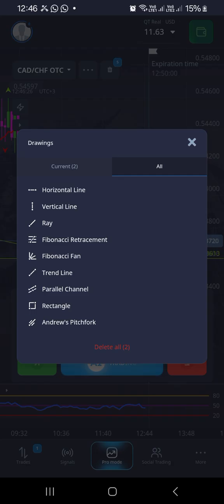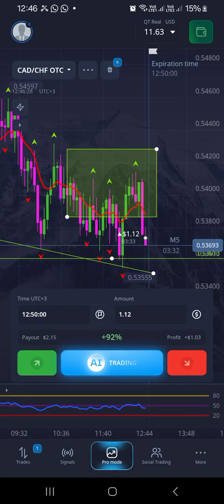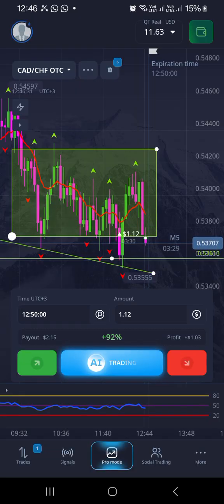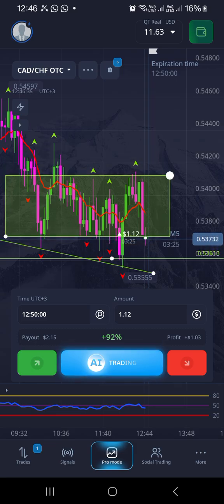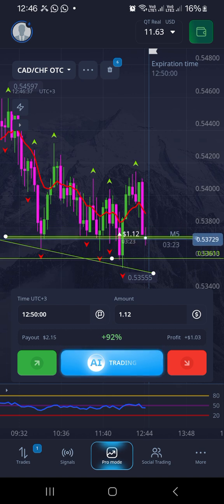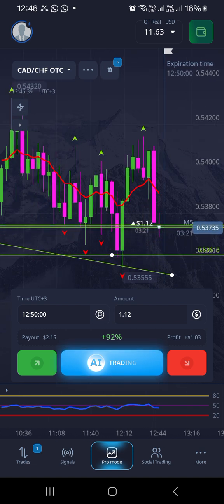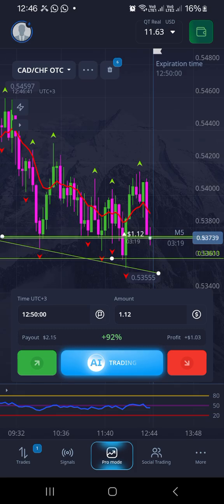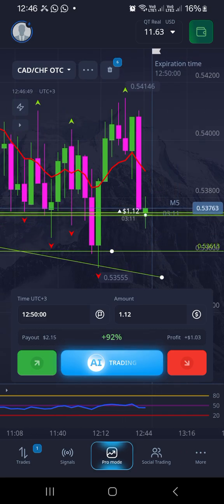Let me wait and see. Now guys, a broken support becomes a strong resistance, and a broken resistance becomes a strong support. Let us wait and see. This is my last trade. If I lose, we stop.